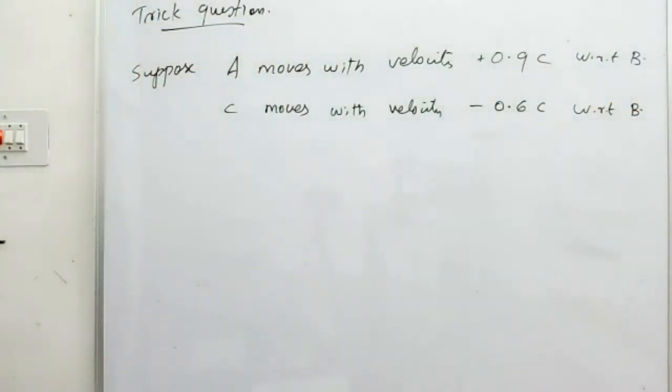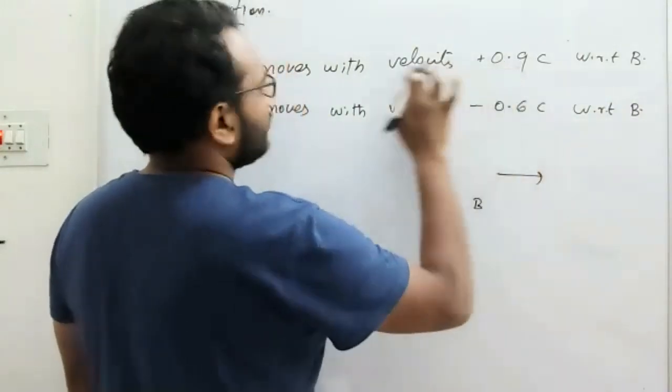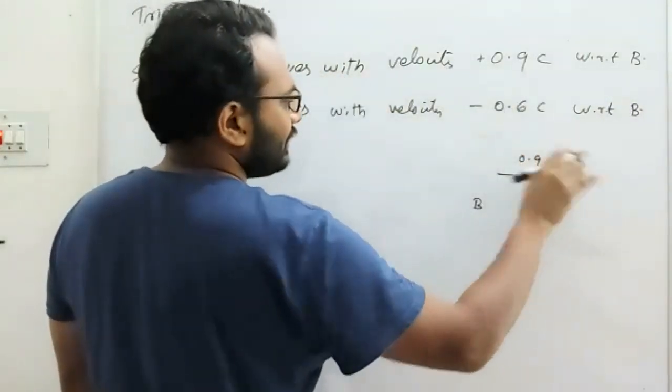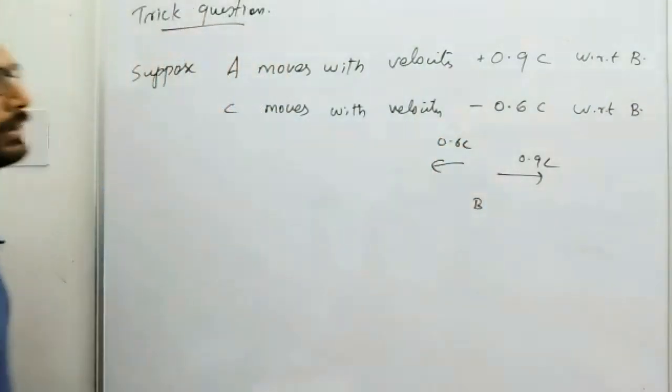Suppose A moves with velocity 0.9 c with respect to B, C moves with velocity minus 0.6 c with respect to B. This means that you have got B here, and this object A is moving at 0.9 c in this direction, and the other object is moving at 0.6 c in this opposite direction.